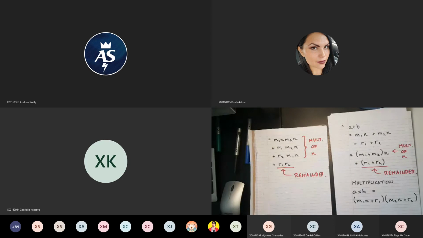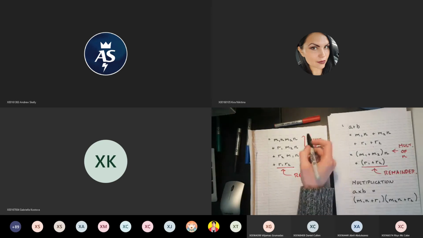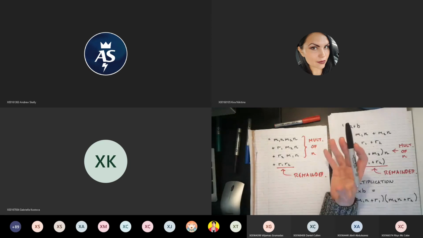So I'm always going to find that the remainder of a product is the same as the product of the remainders. And I can take this as being given no matter what numbers I start with, no matter what base n I happen to be using. So this is really, really helpful.